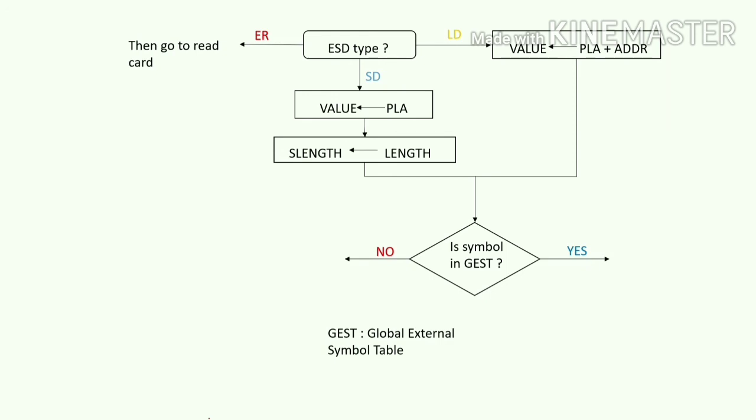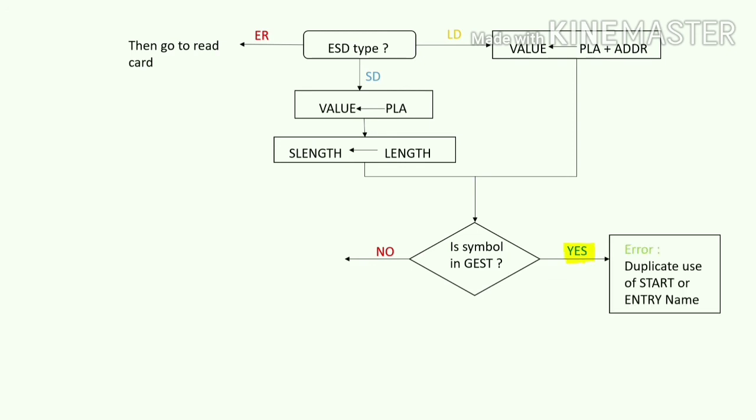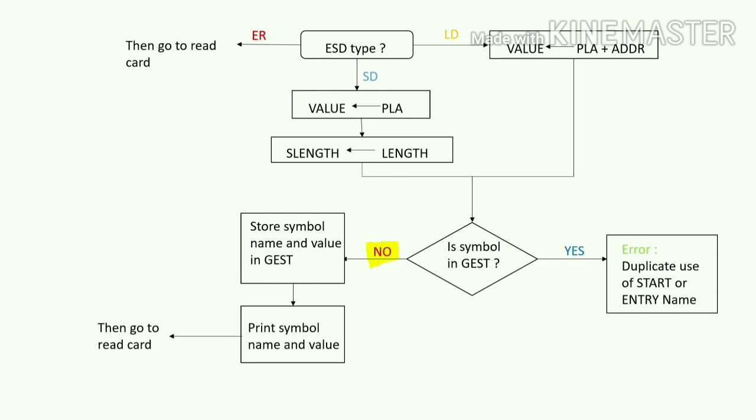If the symbol is already present, then an error will be displayed saying that there is duplicate use of the symbol and the processing will be terminated. But if the symbol is not present in the table, then we will store the names and values of the symbols in the table and we will print them. After that, we will go to read card to read the next card.